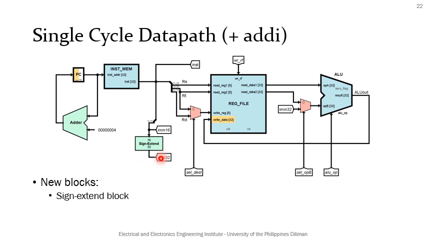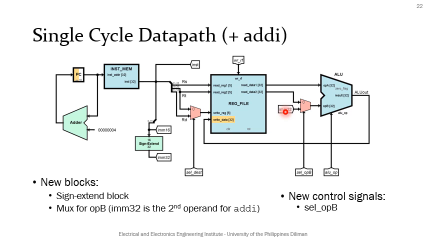The sign extended immediate must also make its way to the ALU, so we add a multiplexer to enable it to take inputs from both read data 2 for R-type instructions and the immediate when the instruction is an add-I. A new control signal, ALU op B, must therefore be generated to choose which among these two signals must be fed to the ALU as operand B.